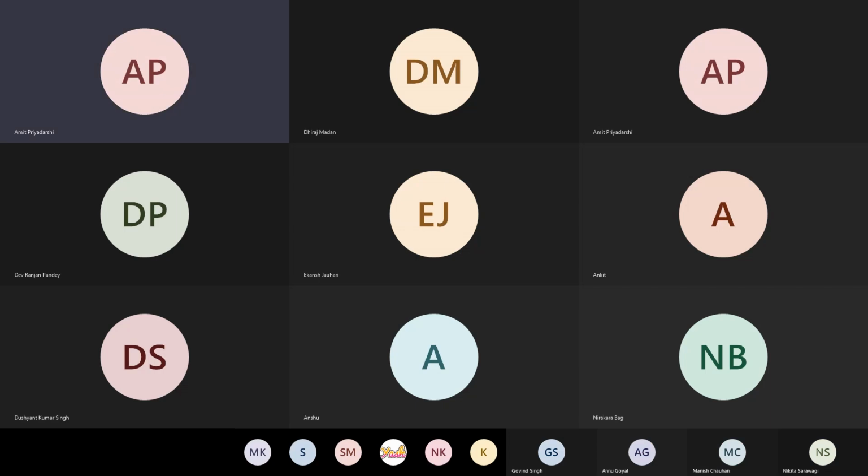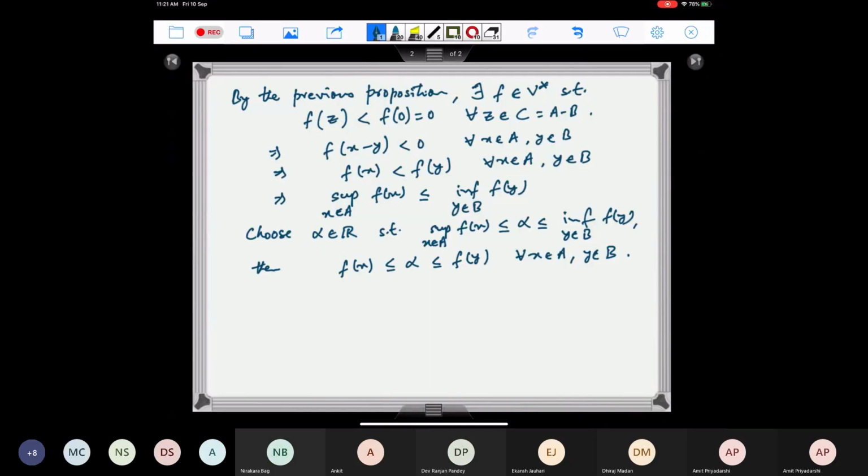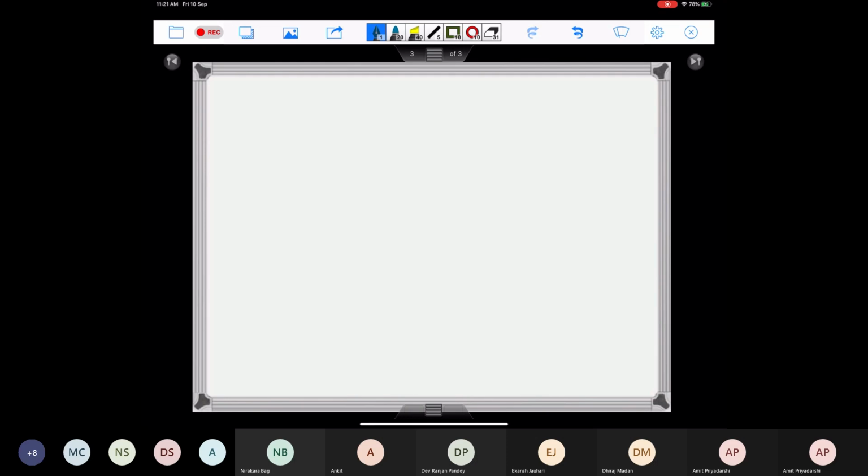Okay, so now let me prove the other theorem. This is also called the Hahn-Banach theorem. Here also we have two non-empty disjoint convex sets.